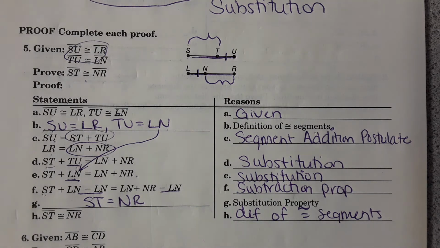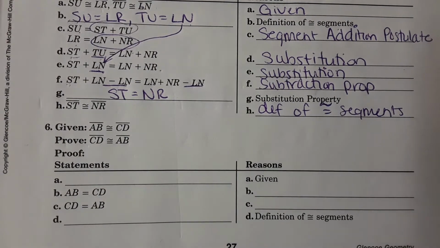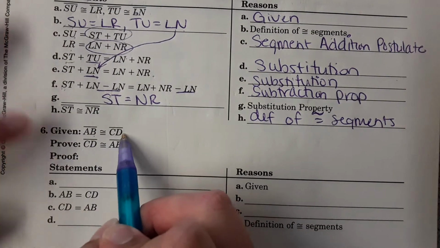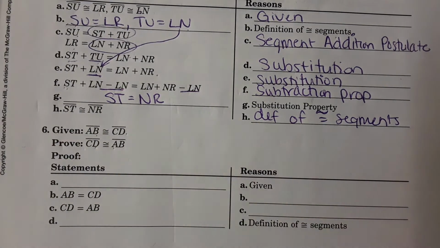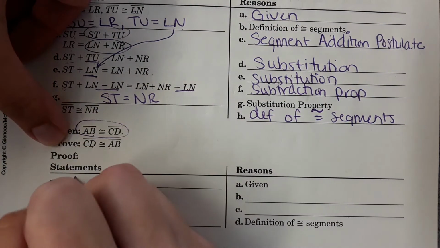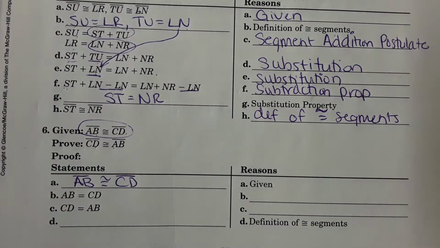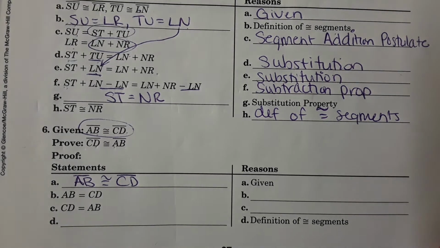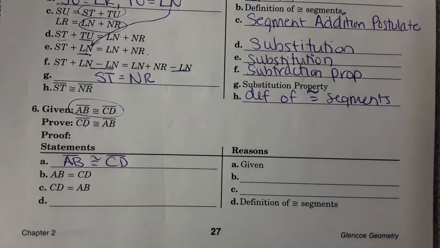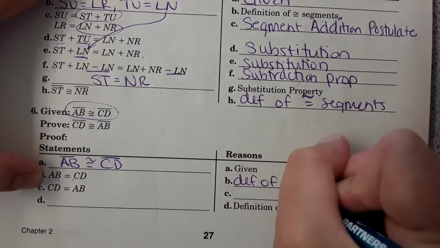The next one is easier and shorter. Number 6 says, given AB is congruent to CD, prove that CD is congruent to AB. Well, we can do that using the symmetric property, and that's what we're going to do. We're just going to use the proof format. So the given, we're just copying this right here. Then AB is equal to CD, that's definition of congruent segments.